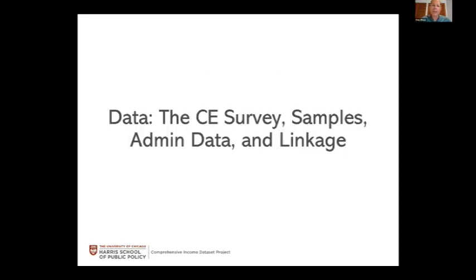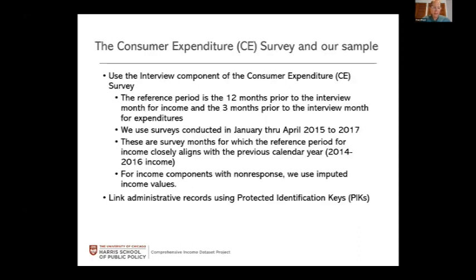Let me tell you about the data, the survey data and the administrative data. The survey data that we use comes from the CE survey. We are going to use data from the early part of 2015 to 2017. These are survey months for which the reference period for income, the previous calendar year, aligns well with the tax data that we have.